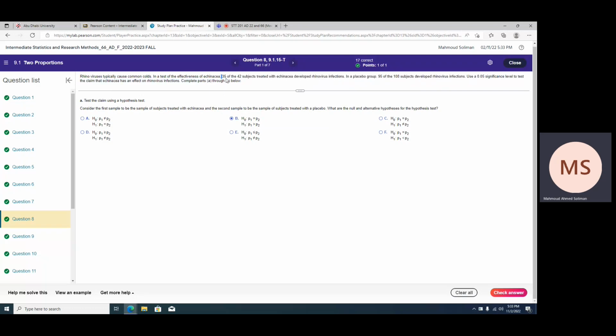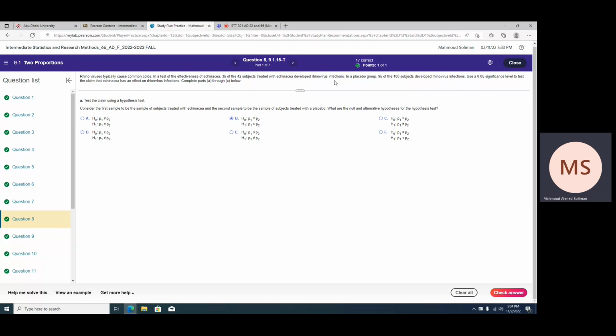Okay, so let's look here. 35 out of 42. So we need to check what is the X, the successes. If they say that the people who were treated were cured, that means P1 is more than P2. But here it says people developed the infection. So people got sick.